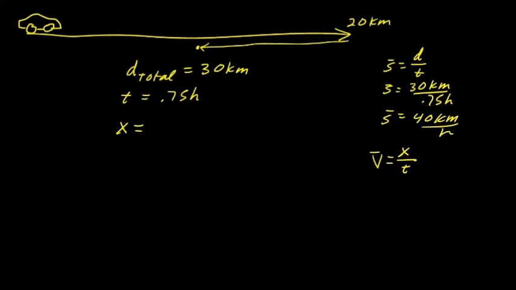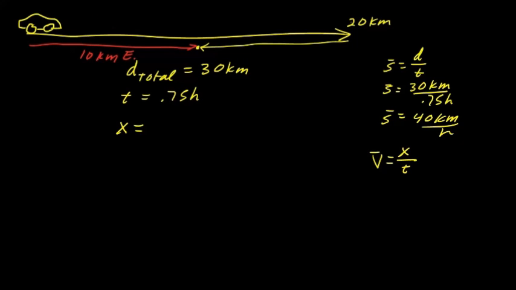So the displacement is represented by this line right here. This is the displacement. And that displacement, if you look at it, is 10 kilometers. Because this car, where it stopped over here, is now displaced 10 kilometers to the east. There's the E for east. 10 kilometers east of its origin, of its starting point. That's the displacement, 10 kilometers east.